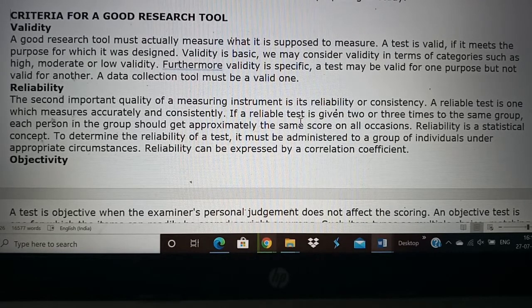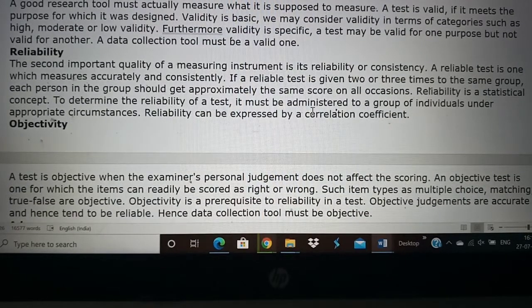If the machine shows similar values, then it is a reliable machine. If in a patient who has no BP, the BP shown by the machine is very high, then it is a wrong machine, it is not reliable. So that is the meaning of reliability, the consistency of a test. A good research tool should be consistent and reliable.